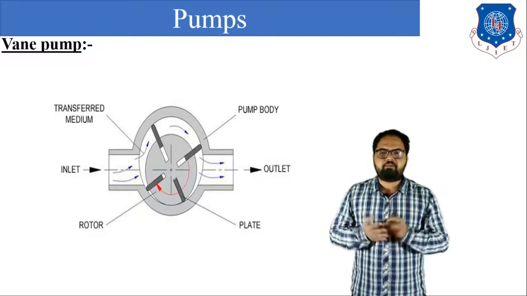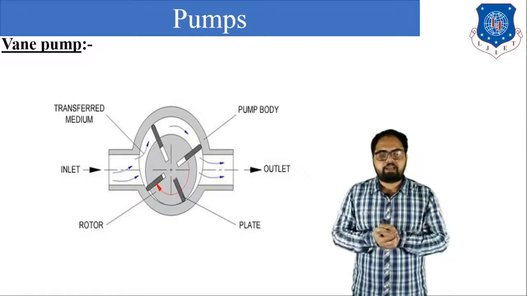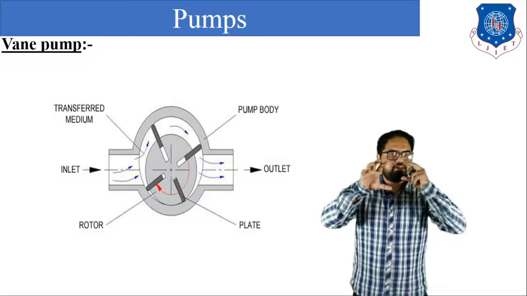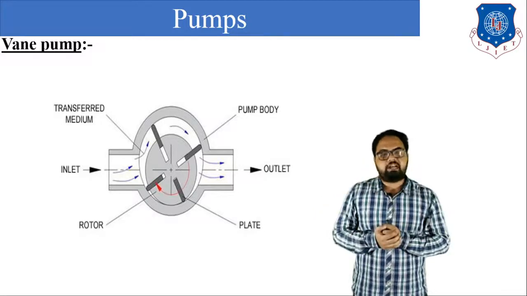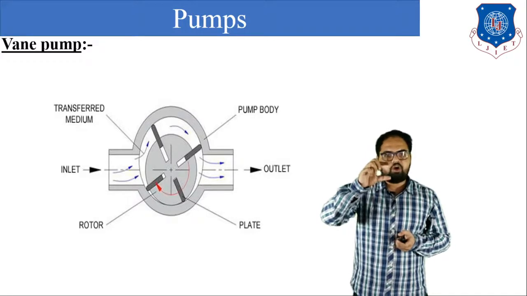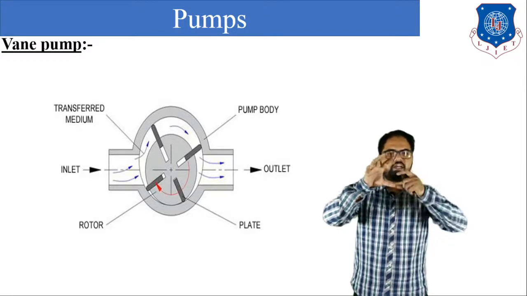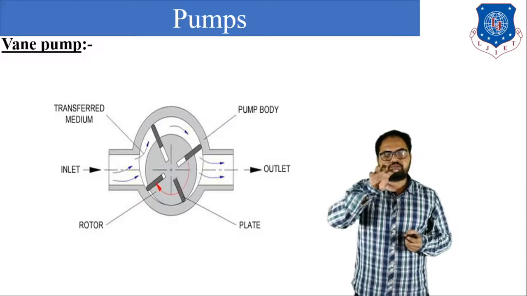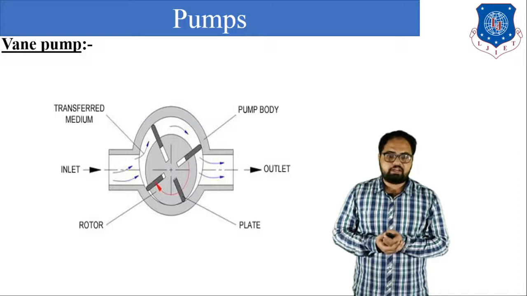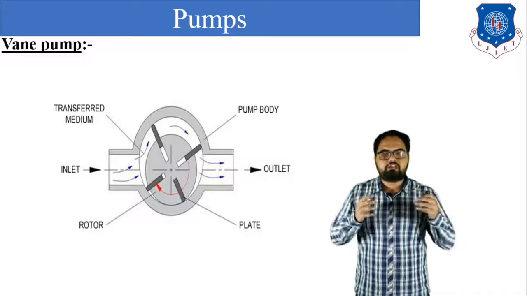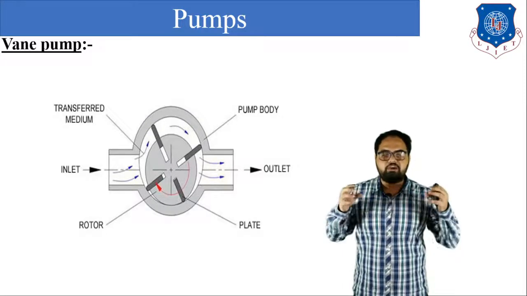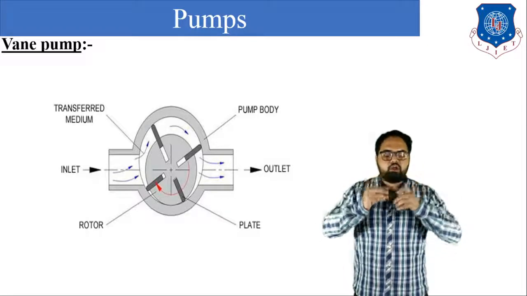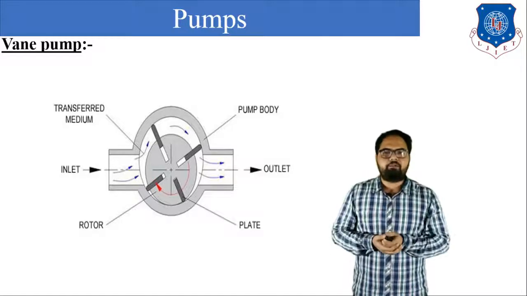Those vanes are made from plastic, fiber or metallic material, and inside that stationary casing, the cylindrical rotor is fitted eccentrically. Means the centers of the stationary casing and the cylindrical rotor will be different. Whenever power is transferred to the rotating rotor, due to rotation, centrifugal force is generated, and due to that centrifugal force, the vanes come out through the grooves and a pocket is formed.